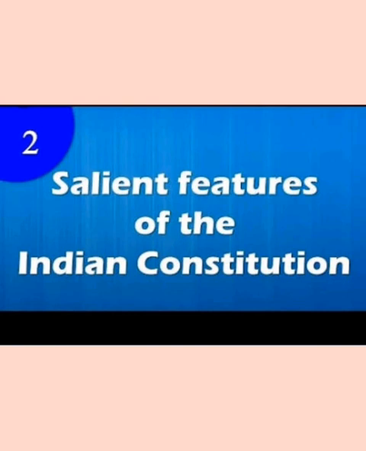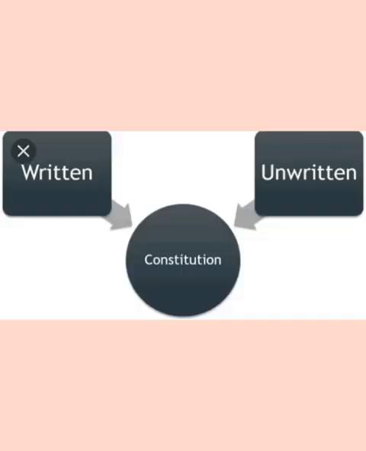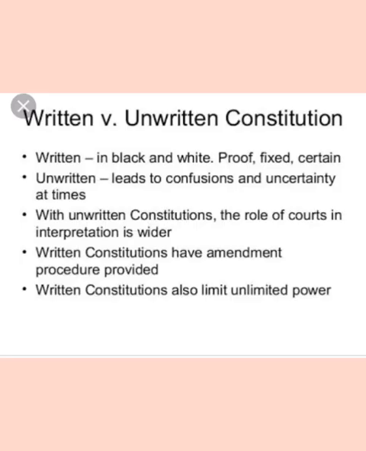The first feature is that our Constitution is a written constitution. It is a formal document defining the nature of the constitutional settlement, the rules that govern the political system, and the rights of the citizens and governments in a codified form.